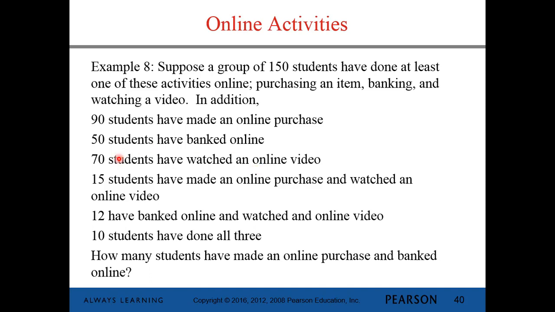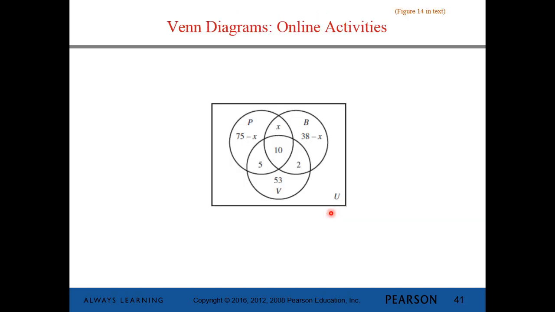We also know that 15 have made an online purchase and watched an online video. And 12 banked online and watched an online video. So these are these two. And then the other one gives us these two. So we know these three already.